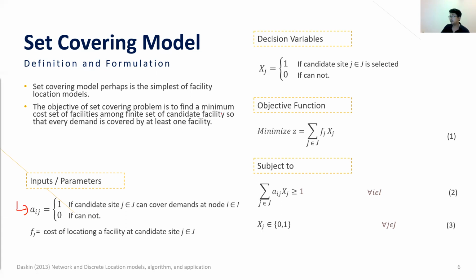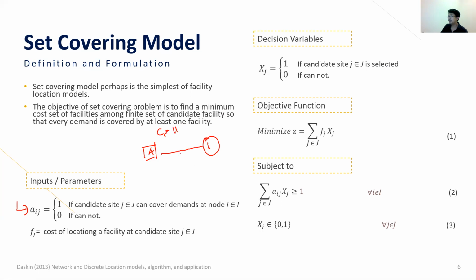For example, if you have a facility, let's say A, and demand node 1. Let's say the coverage radius C is equal to 11.